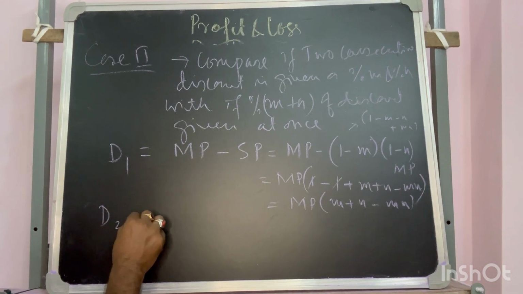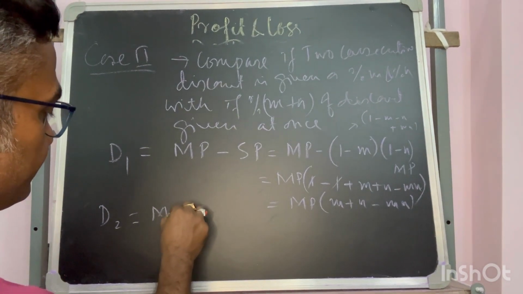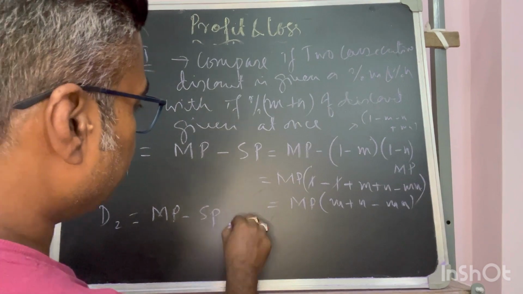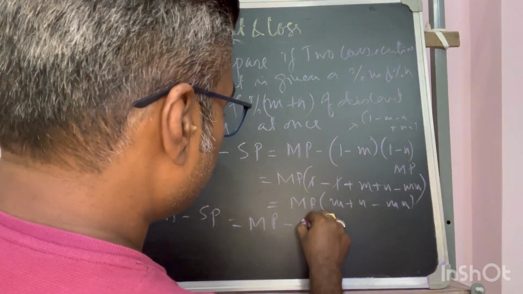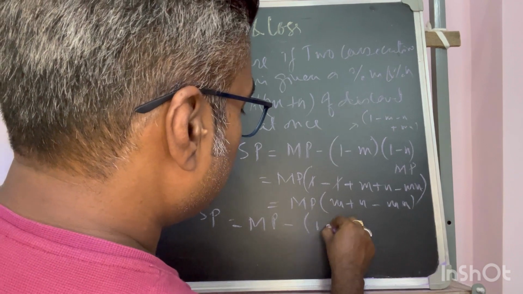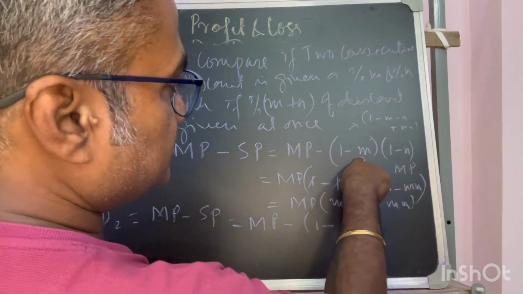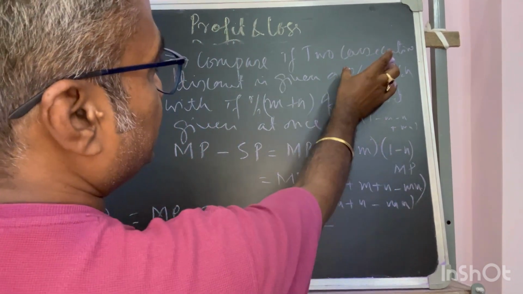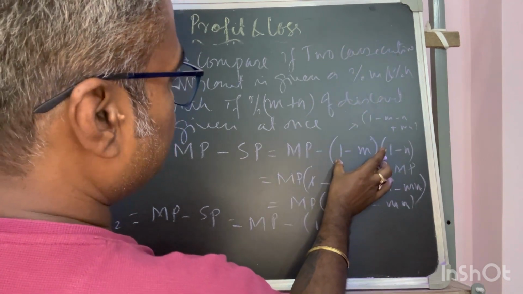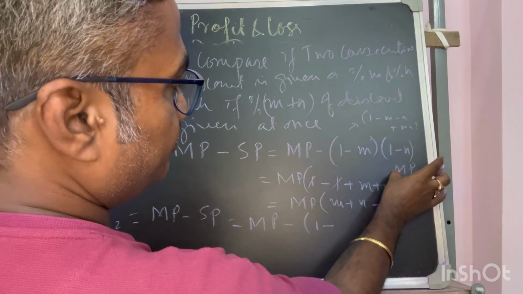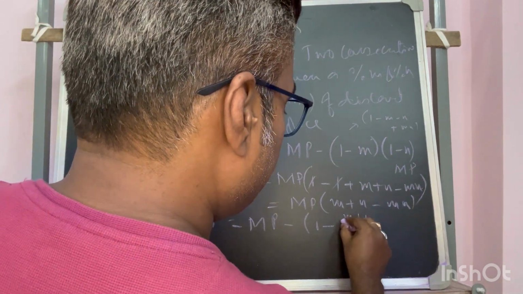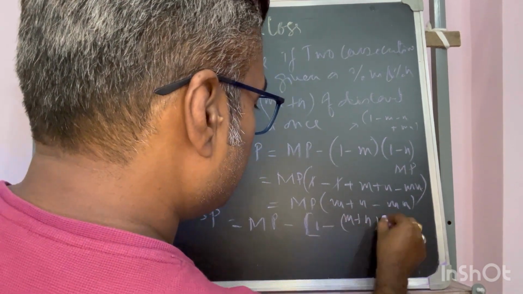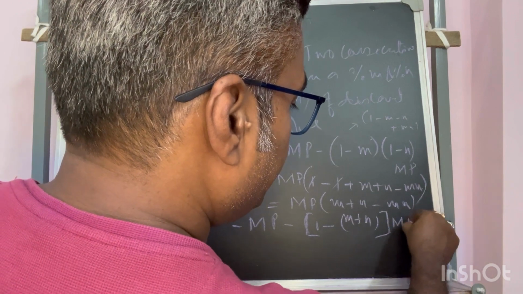Discount 2 is again MP minus SP, but in this case the value of SP will be, if it is a single discount, 1 minus M into MP. Instead of M, I will write M plus N in bracket into MP.